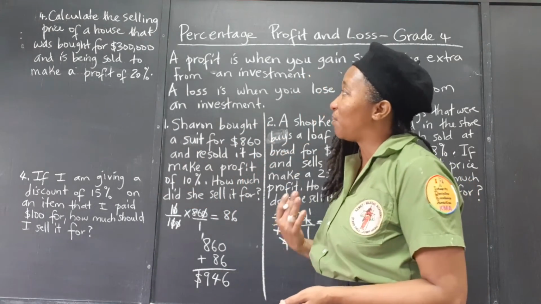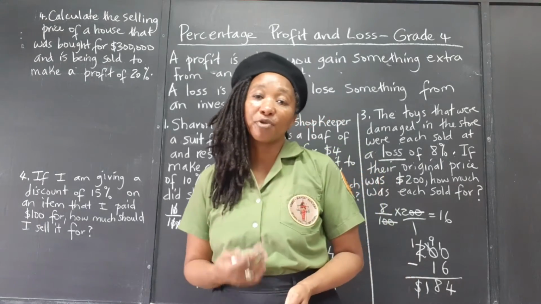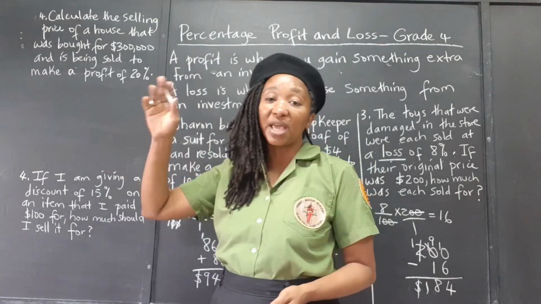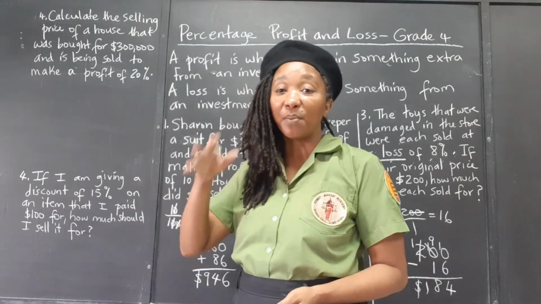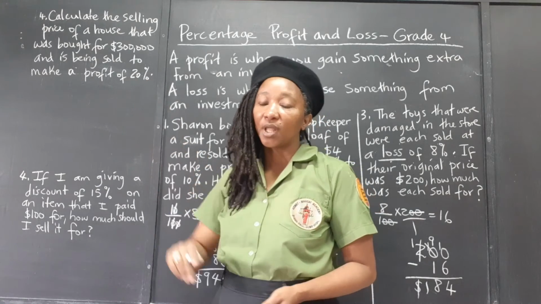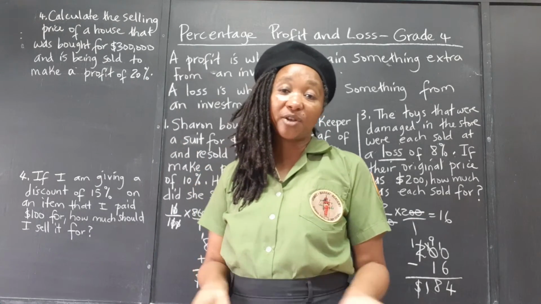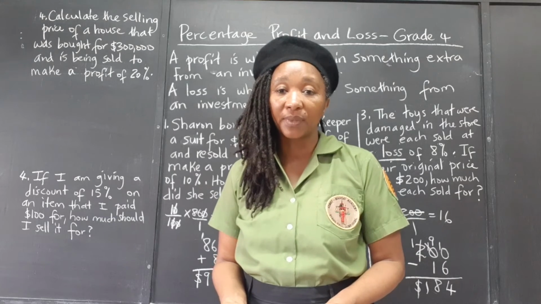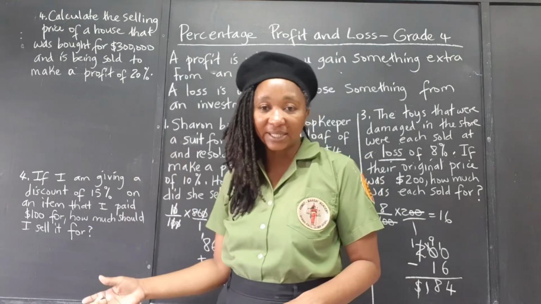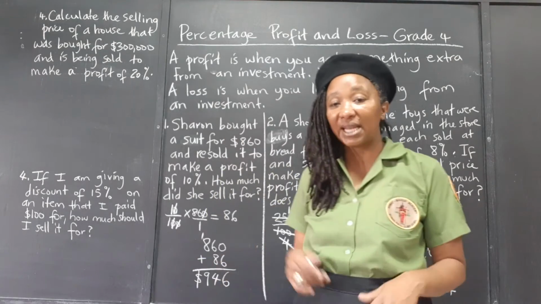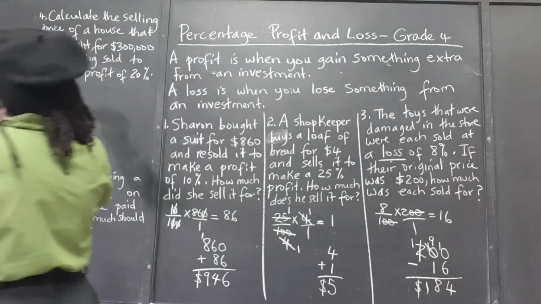So this person bought the house for $300,000 and will sell back the house to make some extra of 20%. So again, we need to find out first what is 20% of 300,000, and then we're going to add that to the 300,000 to see how much he's going to sell it for.